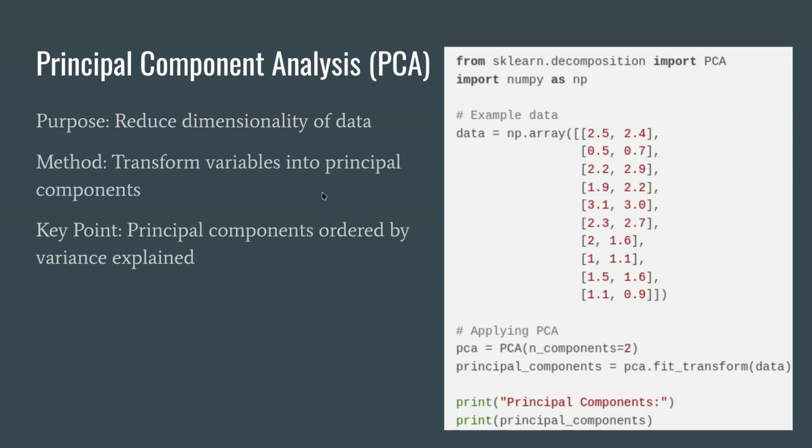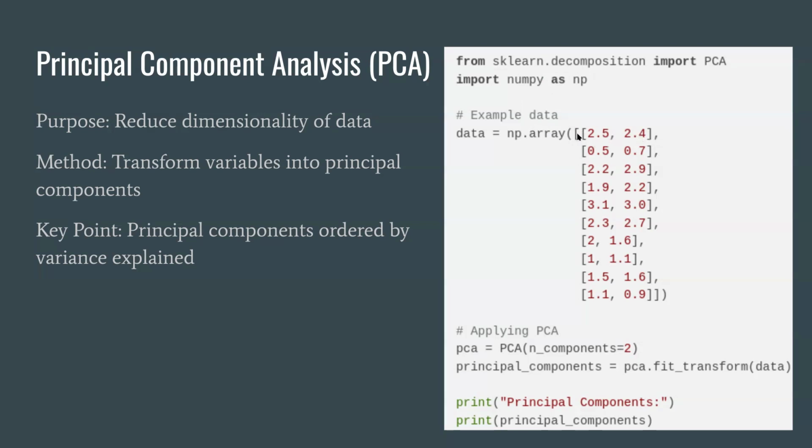Now let's look at a code example. In this example, we are using the PCA function from the scikit-learn library to perform principal component analysis. We do that by importing the necessary libraries from scikit-learn and NumPy, and we are creating an example data set with two variables in a NumPy array, where each row in our data set represents an observation.